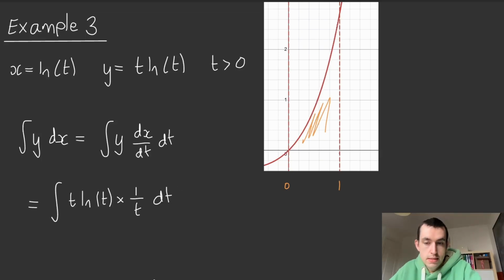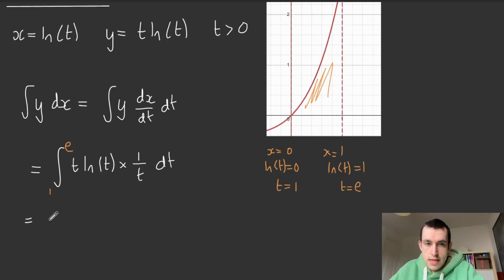Now let's think about the limits. When x is 0, ln t is 0, and if the natural log is 0, it means that t is 1. If x is 1, then ln t is 1, so t is equal to e. So the limits are 1 to e.